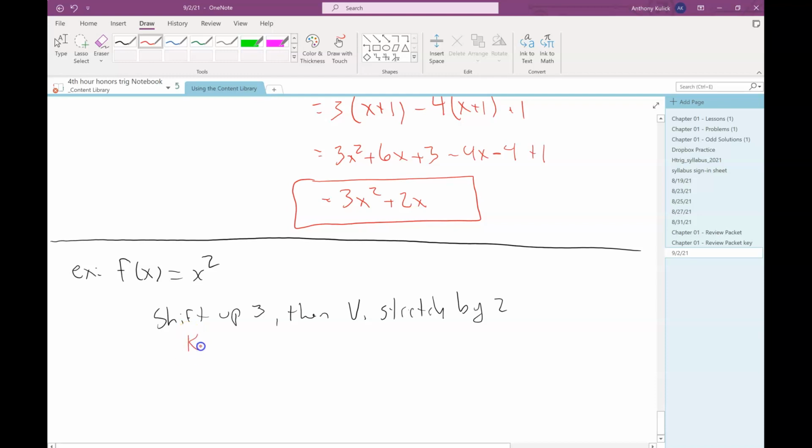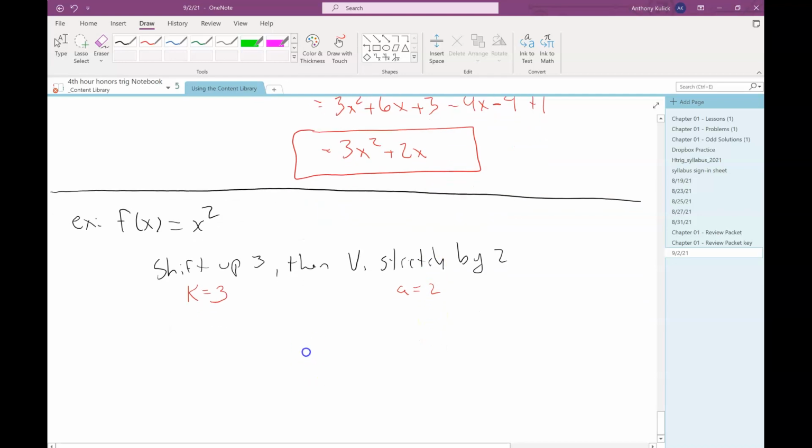So if we're going up 3, that tells me that the k is 3. And if I'm doing a vertical stretch by 2, that tells me the a is 2. Everybody happy with that? So my first transformation is going to be the vertical shift up. So do f of x plus 3.